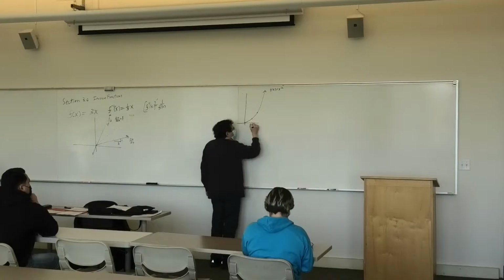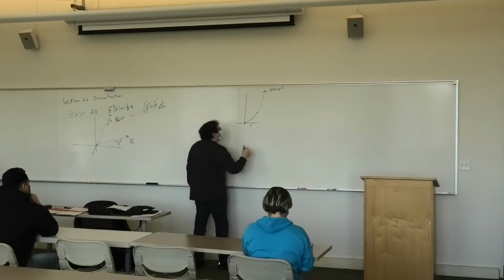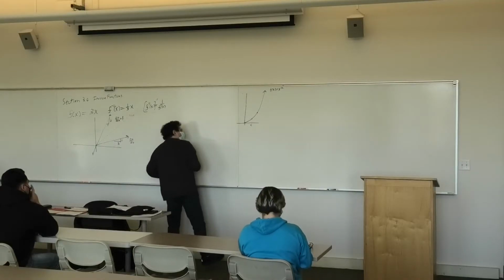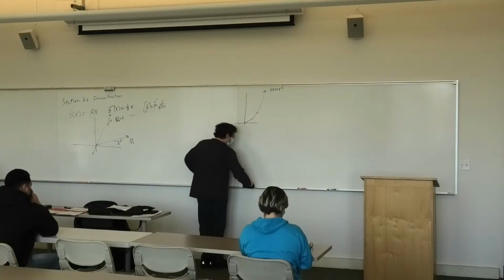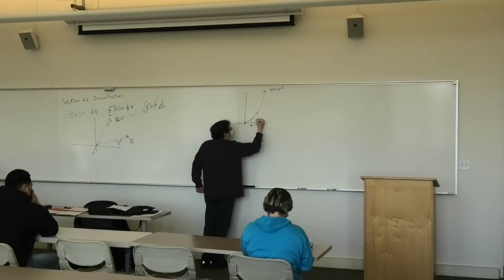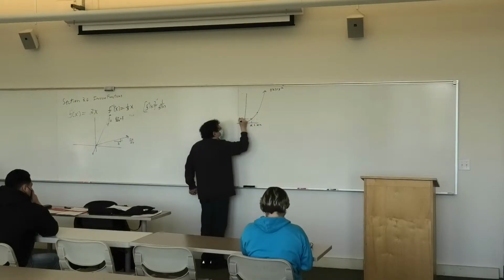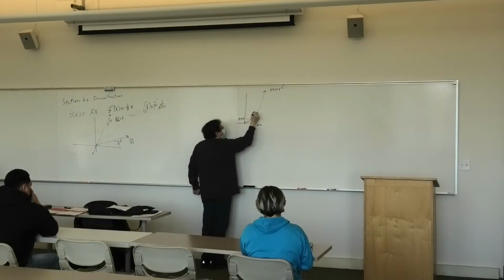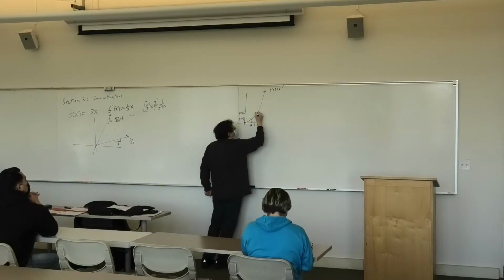We have some point, I'll just call it x. It's any old point. And we have some other point that's h away, so it's x plus h. And we have the function at f of x and f of x plus h. And we draw a line here.